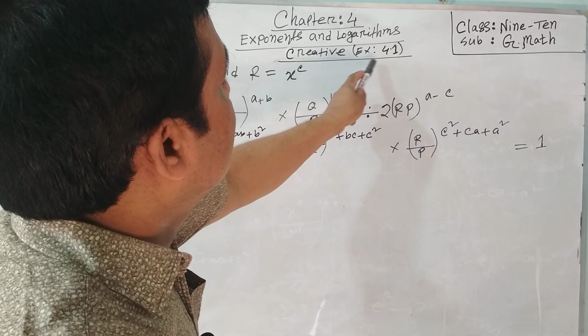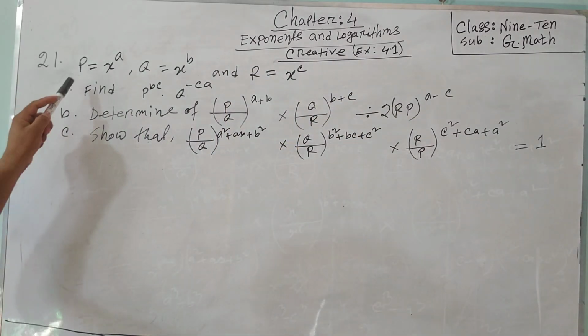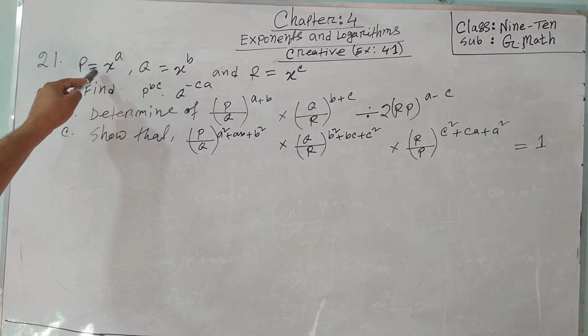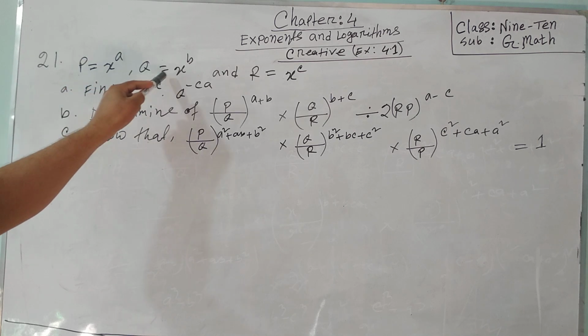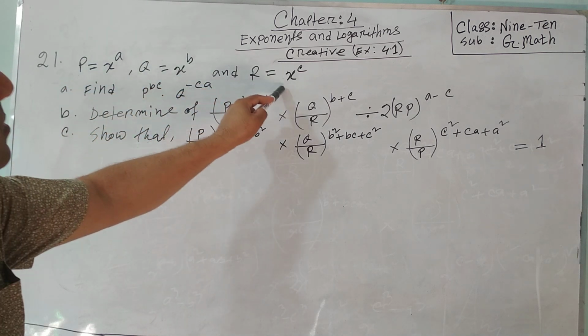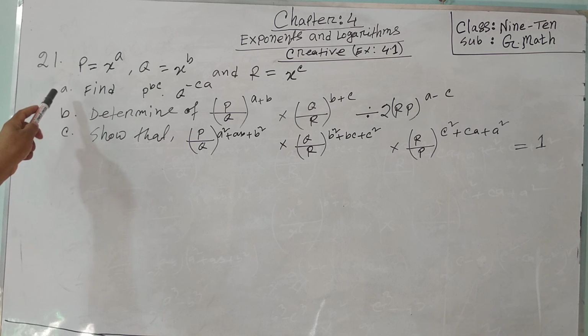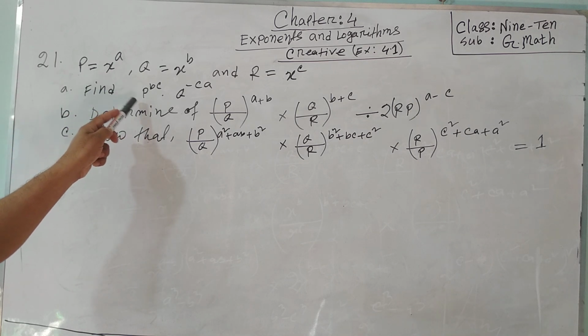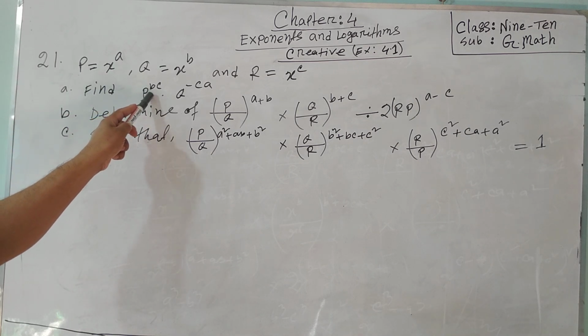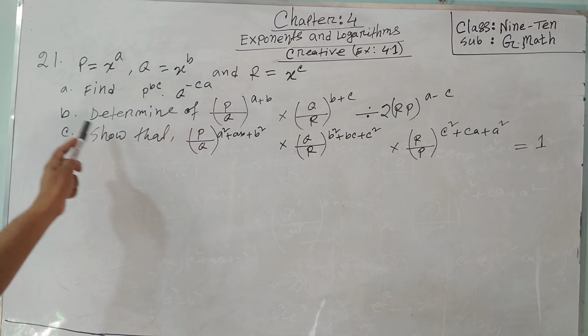Creative exercise 4.1, question 21. p equals x to the power a, q equals x to the power b, and r equals x to the power c. Part a: find the value of p to the power bc dot q to the power minus ca.